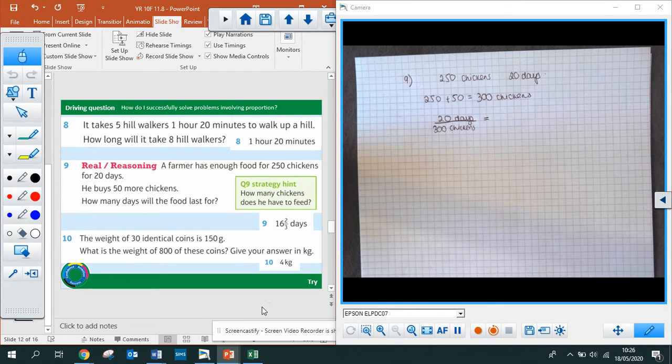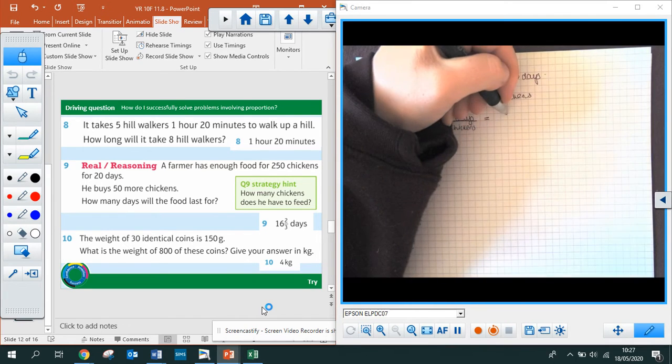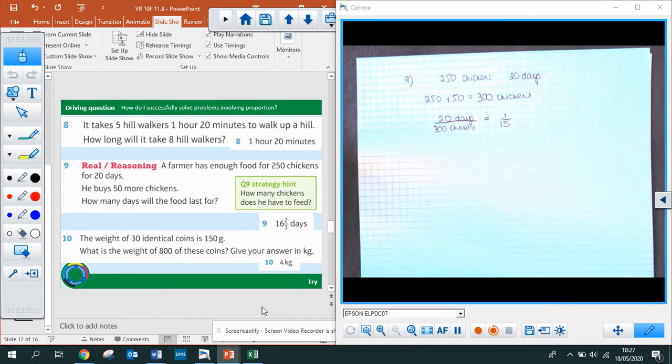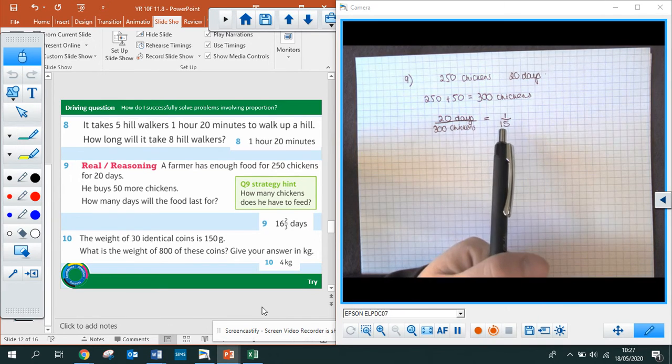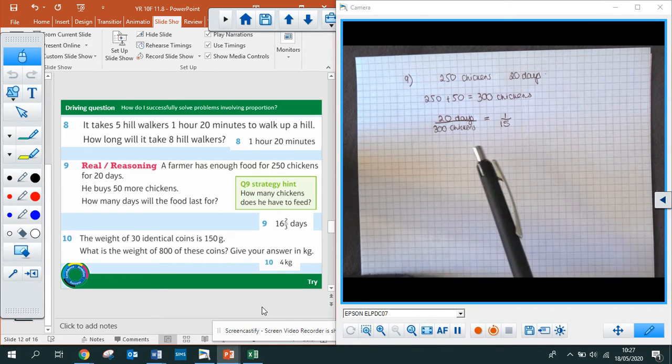So if you did 20 divided by 300 in your calculator, you would get 0.06666667. Okay, so once you did that, I'm just going to write the simplified fraction, which is 1/15, because I'm just going to keep it as a fraction for now. That's also 0.06666667.